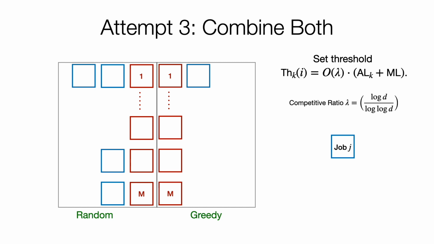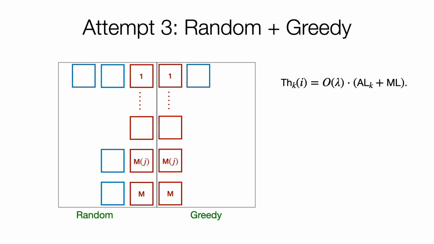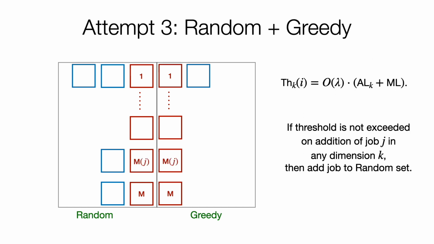So when a job J is to be inserted, we pick a random machine M of J and check whether, on addition of job J to machine M of J, the threshold is exceeded in any dimension. This threshold is set only for the random machines. If this threshold is not exceeded in any dimension, then this job is added to the random set of machines.